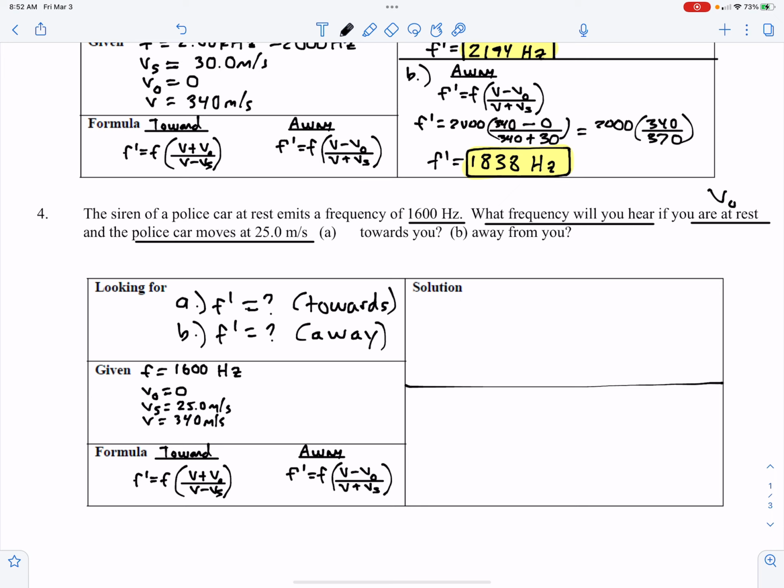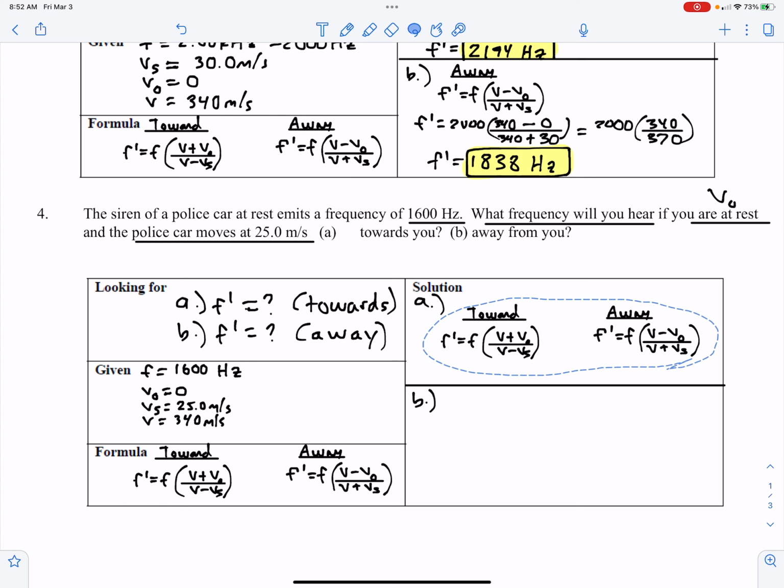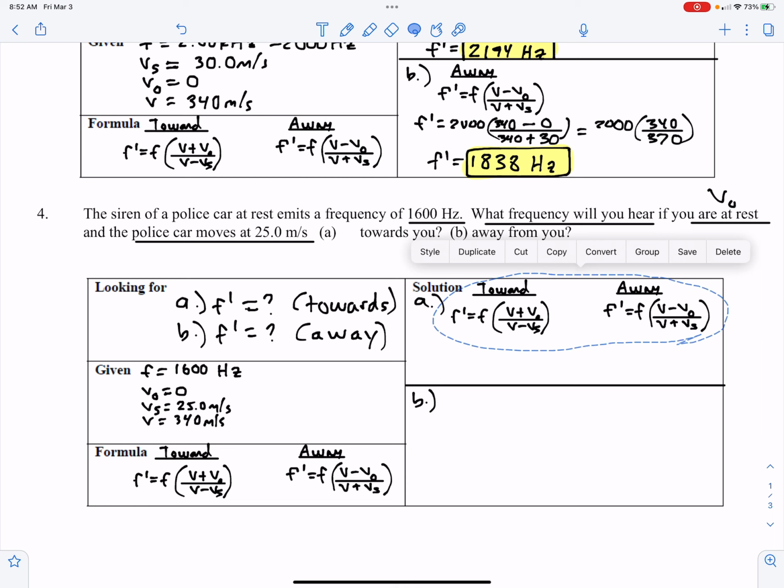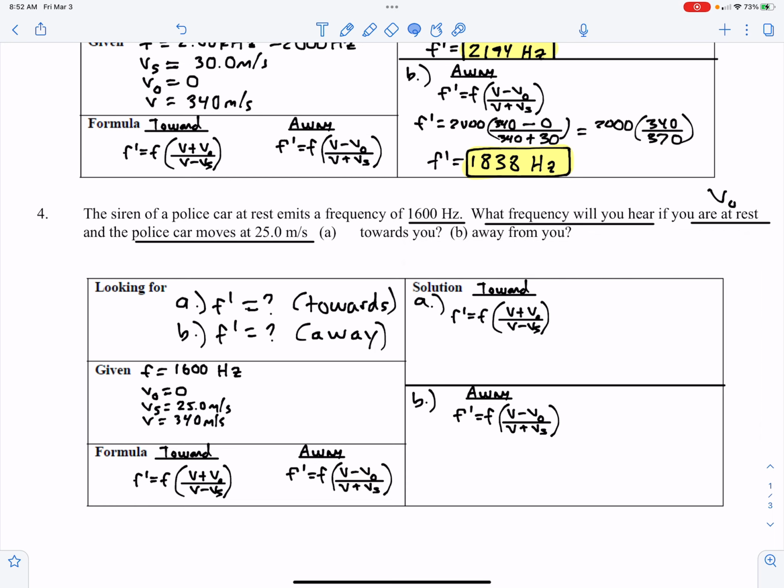Now let's go ahead and divide our solution box in two. Part A, part B. Going to fill in our work.